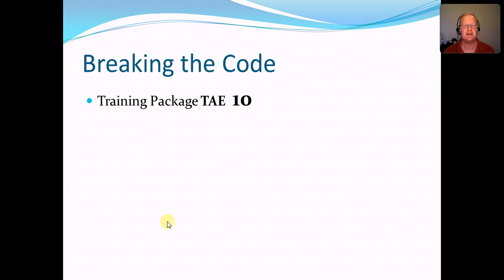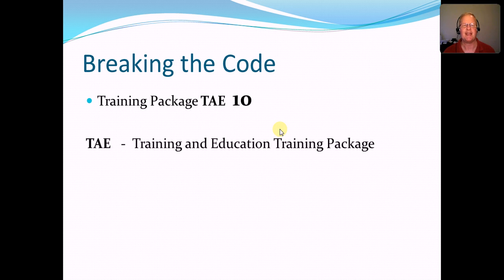What do these numbers mean? TAE10, well, let's have a look at it. The first part, TAE, stands for the Training and Education training package, and every training package has its own unique 3-letter code. Moving down, you'll see 10 is the year of endorsement, the year that this training package was currently endorsed, and this was 2010.